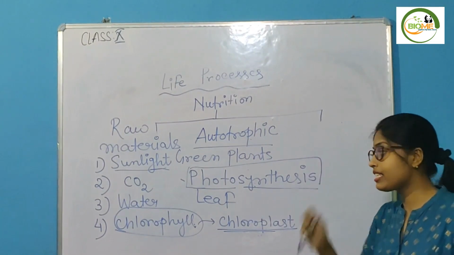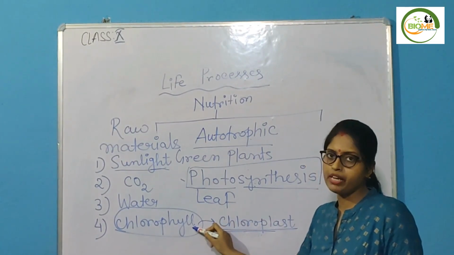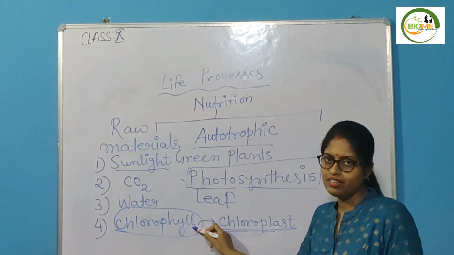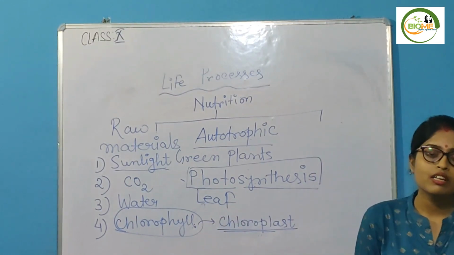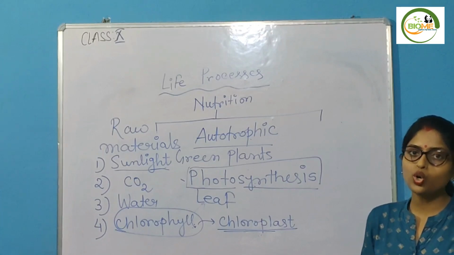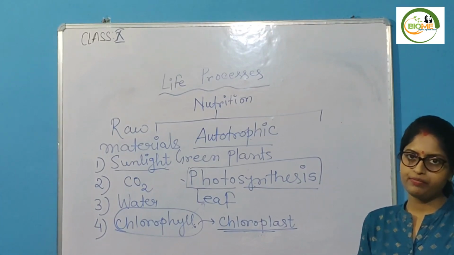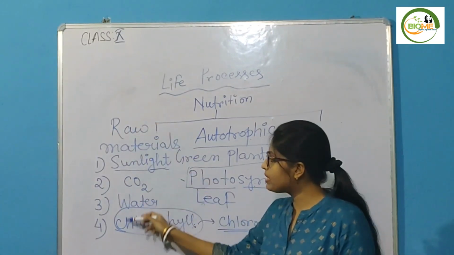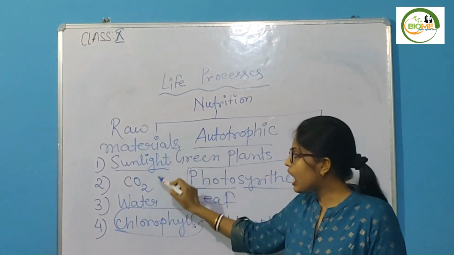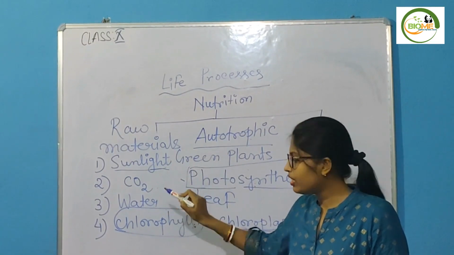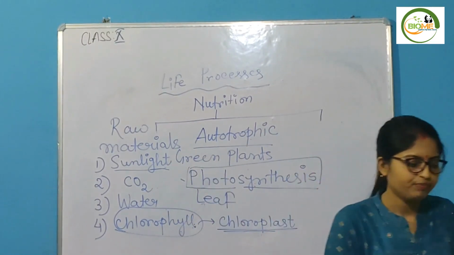Within the chloroplast the green chlorophyll pigment is present, and hence the leaf is green in color because of the presence of chlorophyll pigment. These are the raw materials for photosynthesis: sunlight, carbon dioxide, water and chlorophyll.